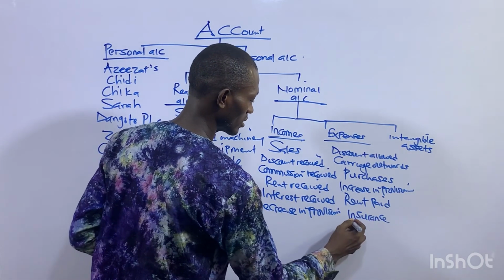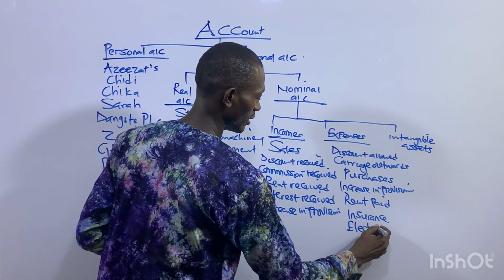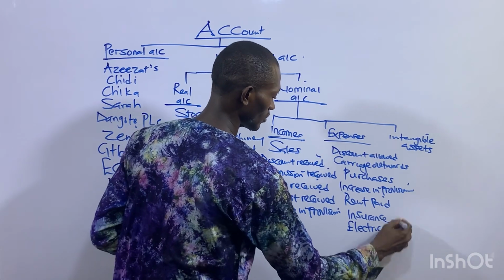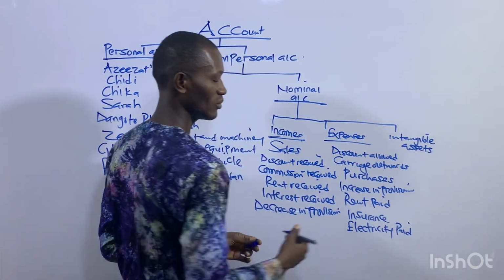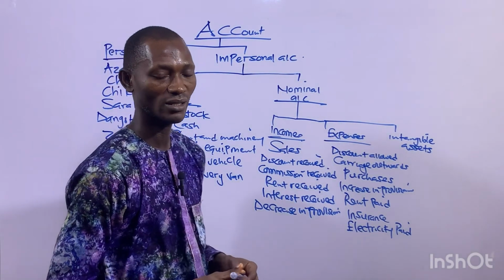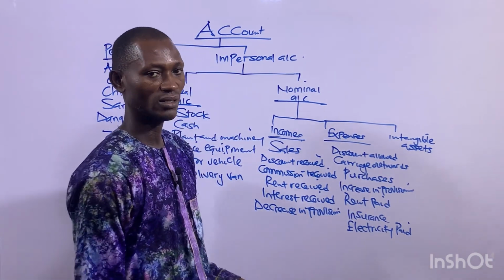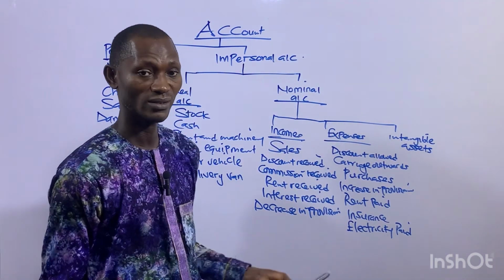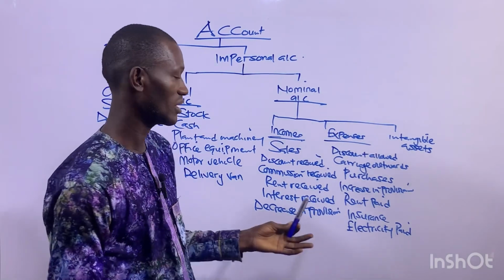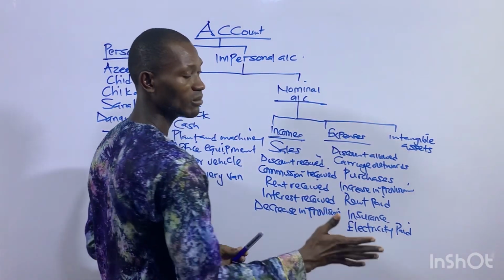We could have electricity bills paid. You could have office expenses, administrative expenses, general expenses, wages and salaries, wages or salaries, anyone. Those are examples of expenses.